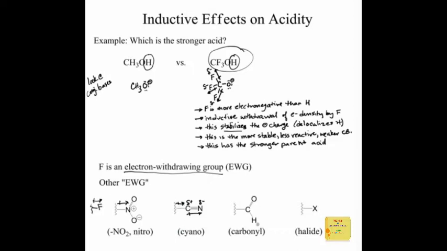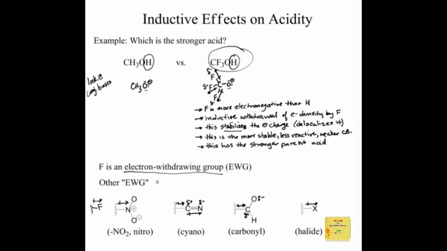And a carbonyl also has resonance that puts a partial positive on this carbon and a partial minus on this oxygen, and so that partial positive carbon causes an inductive withdrawal. It can also do stabilization by resonance. And any halide is going to be electronegative and can pull electron density toward itself. So not just fluorine, but also chloride, bromide, iodide.